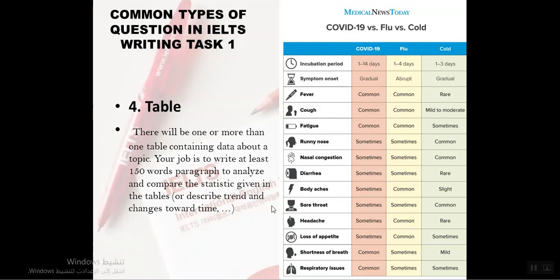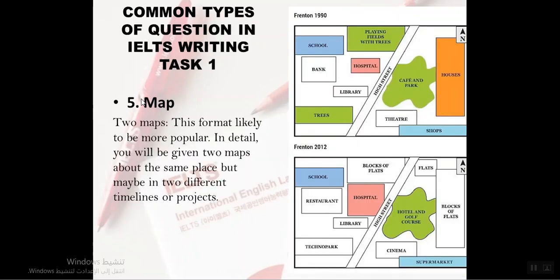Okay? The fifth type is the map. You're going to be given one map, which is rare, but mostly you're going to be given two maps. This format is likely to be more popular. In detail, you will be given two maps of the same place, but in two different timelines or projects. For example, here we have Frinton in 1990 and Frinton in 2012.